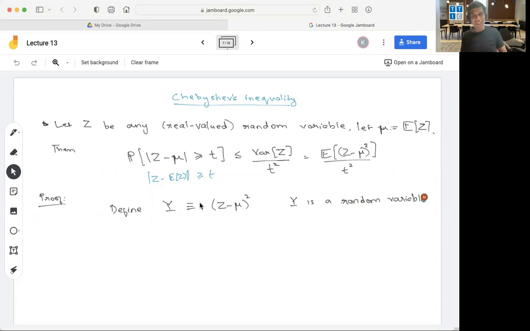Because if z is a function on the outcome space, then y is also a function on the outcome space. I've just subtracted something from z and squared the whole thing. It's still a function. In fact, y is a non-negative random variable, because it's the square of a real number.